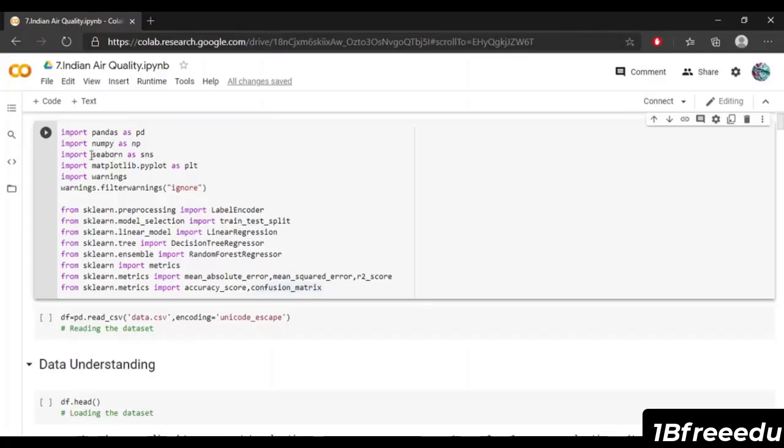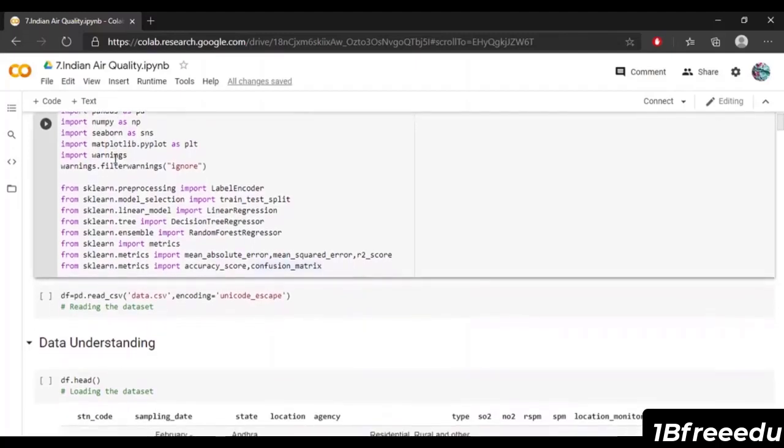The second import over here is Numpy. Numpy stands for numerical Python, and it is a Python library which will help us to work with arrays. And not only arrays, it also has domain over algebra and matrices. The next import over here is Seaborn.